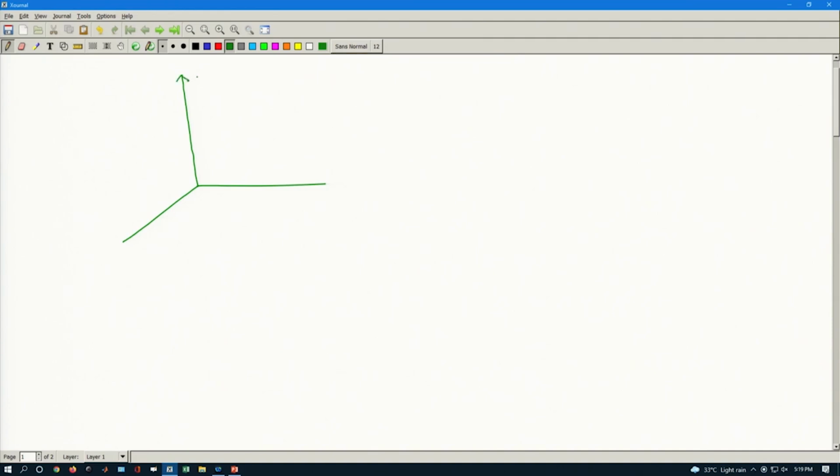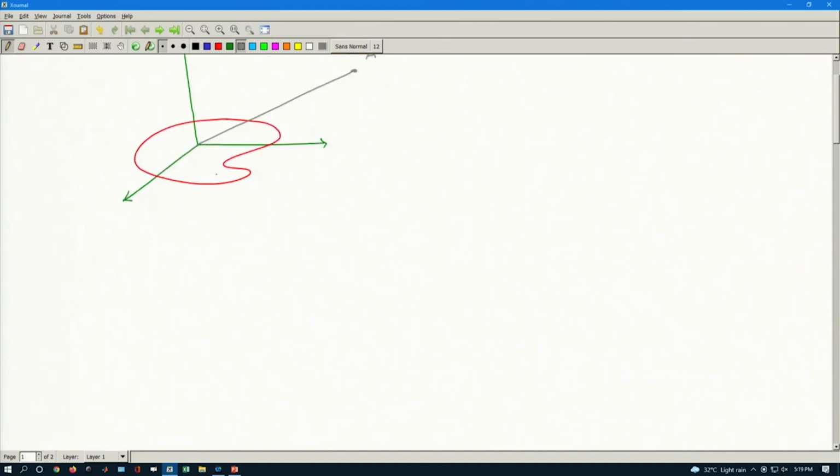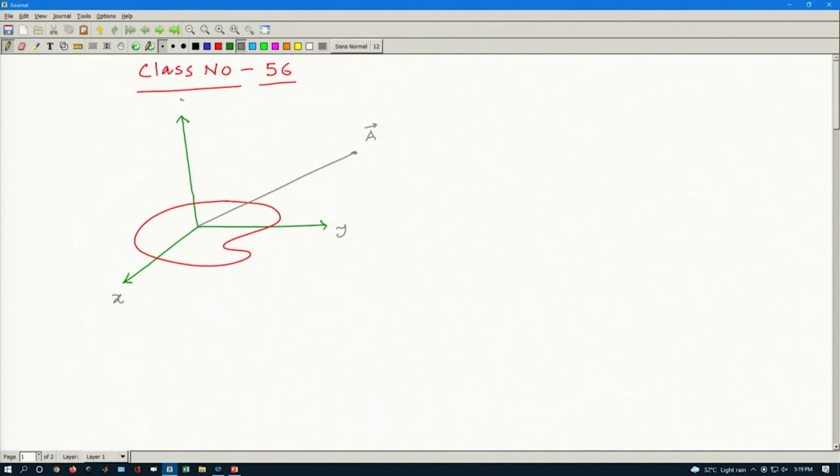This is the coordinate system and we had a current carrying loop here, and we tried to find out the vector potential A due to the current carrying loop, and we figured out that that was the structure. Let us put it as x, y and z. This is at some distance r from the origin.